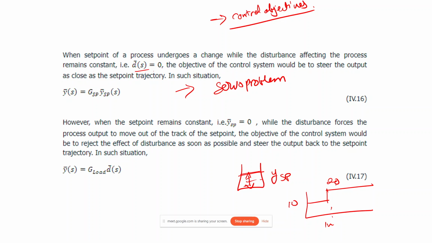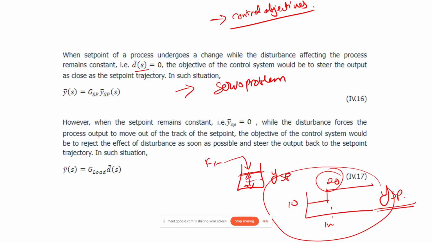I have to change the manipulated input F such that this trajectory of the set point is followed. Such a kind of problem is known as a servo problem. No matter what disturbance is in the system, I have to maintain the level of 20 after 1 hour. So the set point is undergoing a change and we have to maintain that set point.